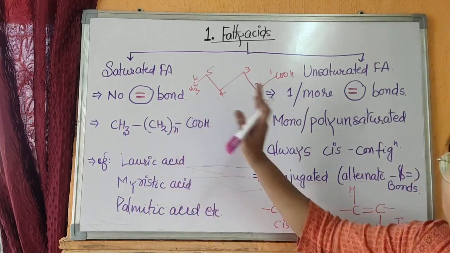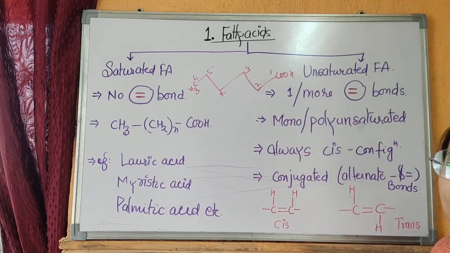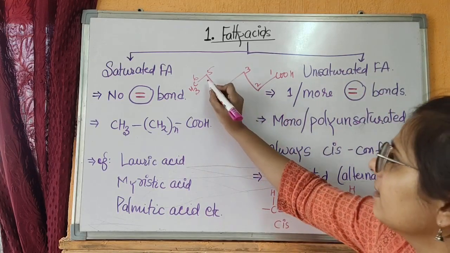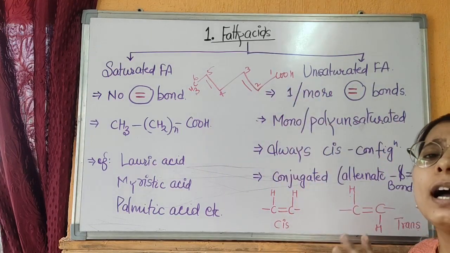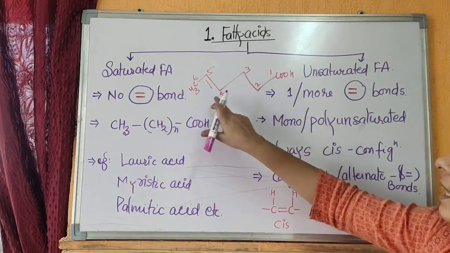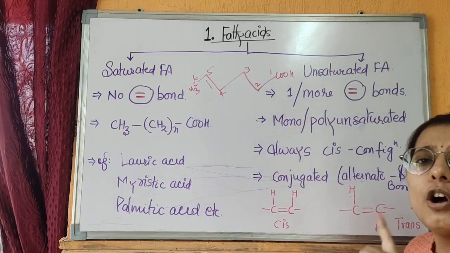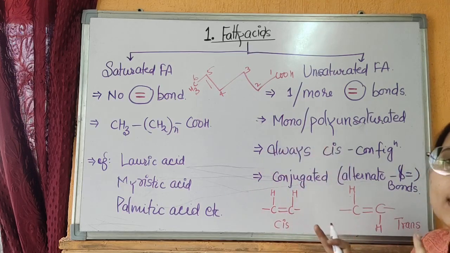But an unsaturated fatty acid is a fatty acid that has a double bond in its long hydrocarbon chain. If they have only a single double bond in their long hydrocarbon chain, then they are called monounsaturated fatty acids.